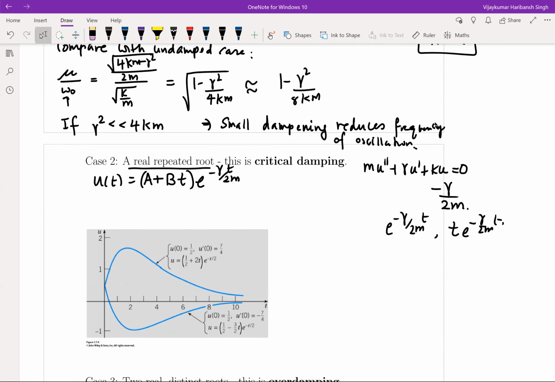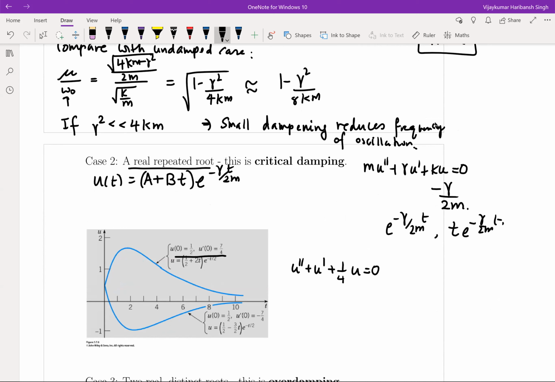Now suppose you have the initial condition as what? u of 0 is half, u prime of 0 is 7 by 4. In that case, what is your differential equation? Your differential equation is u double prime plus u prime plus 1 by 4 u equals 0.